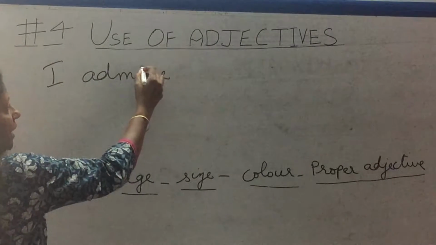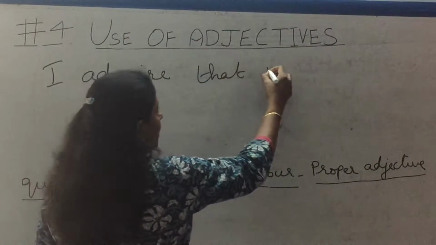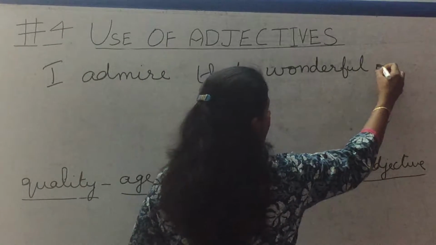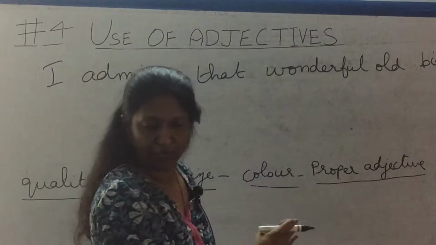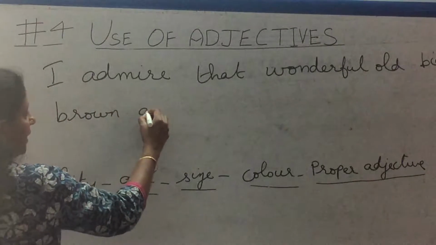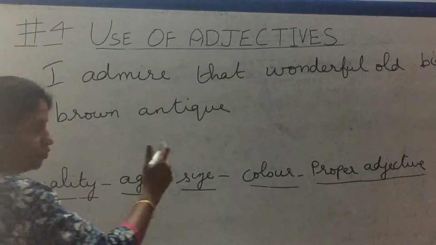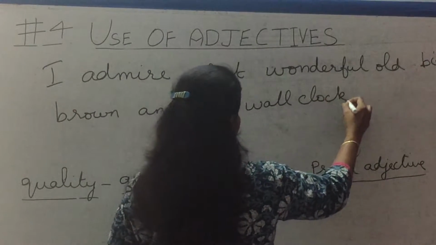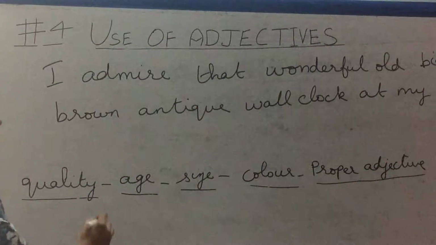See here, I admire, okay, that wonderful old big, okay, see how many adjectives I am using here. Brown, antique, okay, so many adjectives I am using. Antique wall clock, at my friend's house.